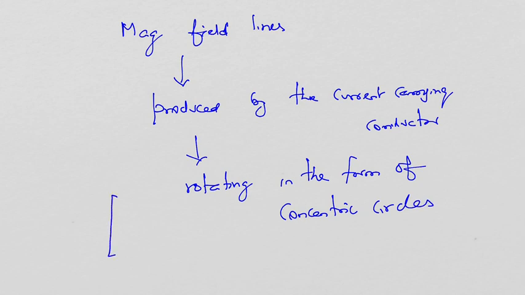Roughly speaking, if I say the current carrying conductor is situated like this, obviously the magnetic field lines will be in the form of concentric circles around the conductor. There exists a curl of magnetic field density which has been defined as del cross H.